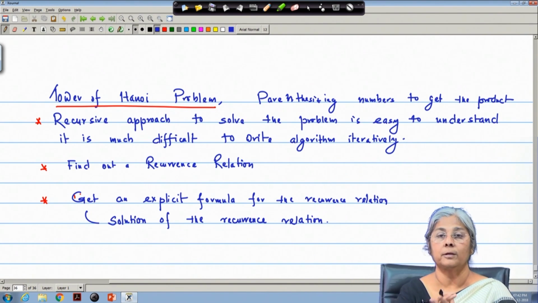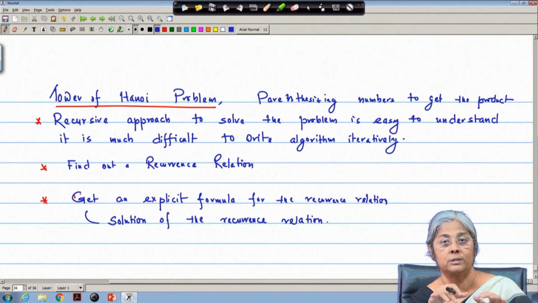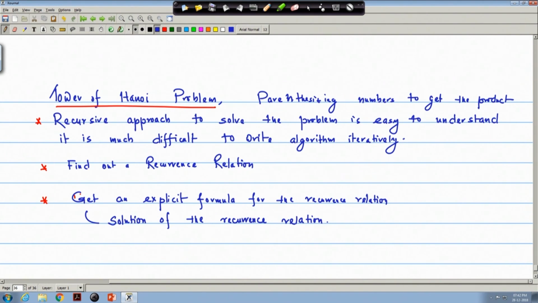In this class we have read how to frame or design the recurrence relation for a given problem, and to get the solution we have to learn the different techniques that are used to solve the recurrence relation.